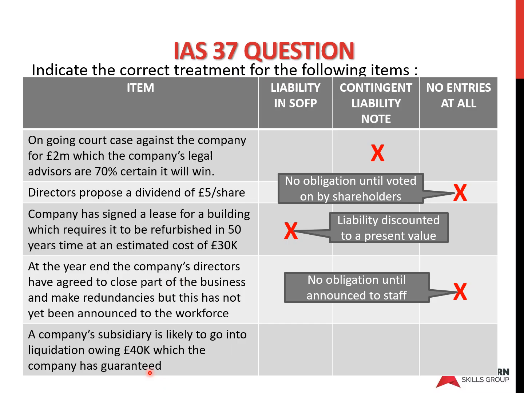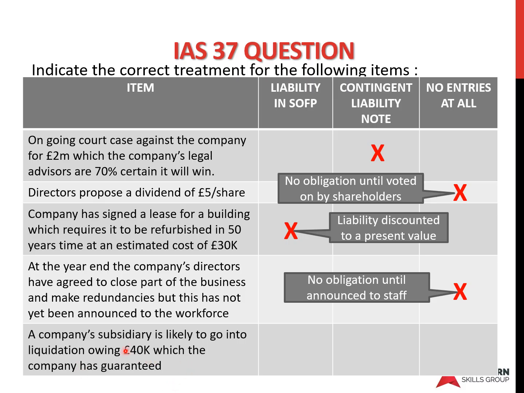And then finally, we've got a subsidiary company that's not trading profitably. It's likely to go bust owing 40,000. The parent company has guaranteed that £40,000 liability. Now, in this case, there's a legal obligation because the company's signed a guarantee.